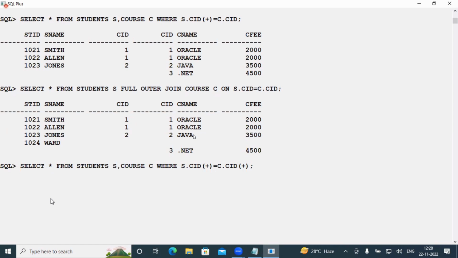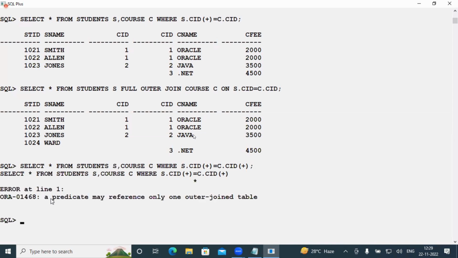Okay. So many people were expecting this. Let me see. If I give this one, what happens? You can see it is showing an error.